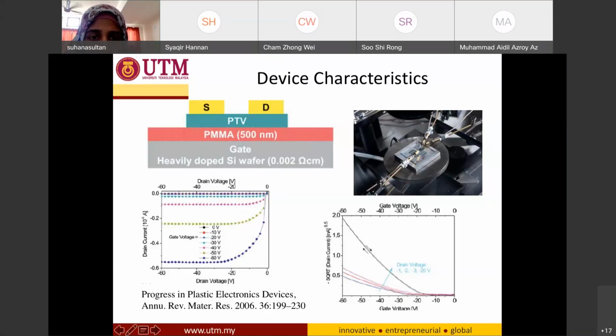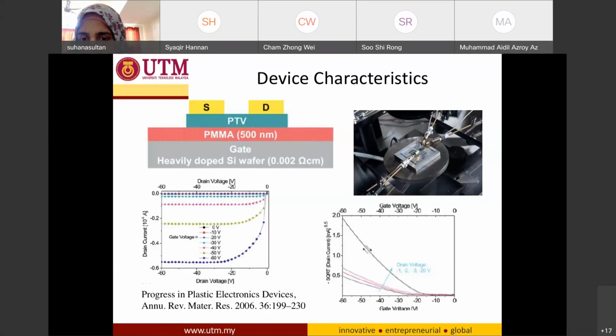But if you can't see this clearly, you look at the transfer characteristic. The transfer characteristic is the current versus gate voltage. If the current is increasing with the increase of negative gate voltage, you know that this is P-type.